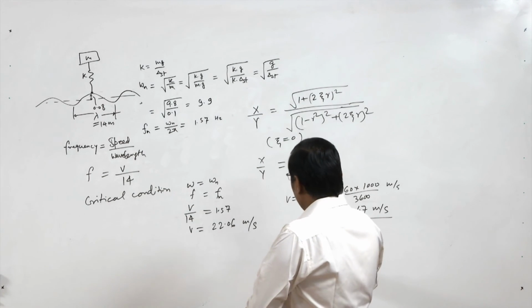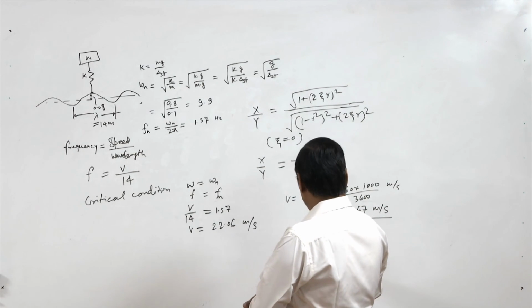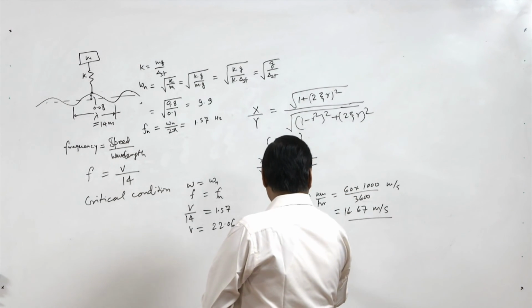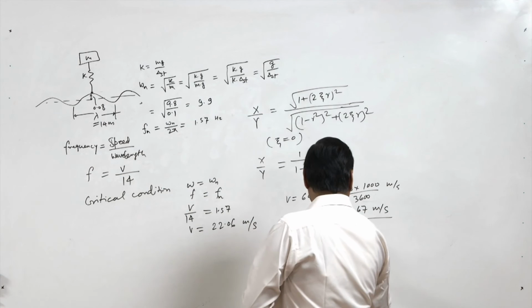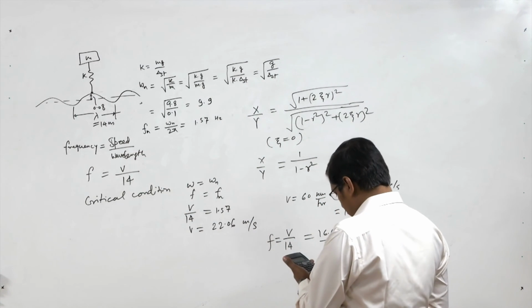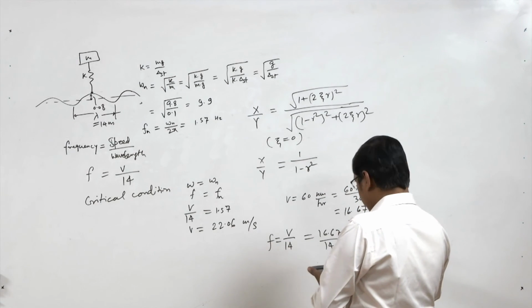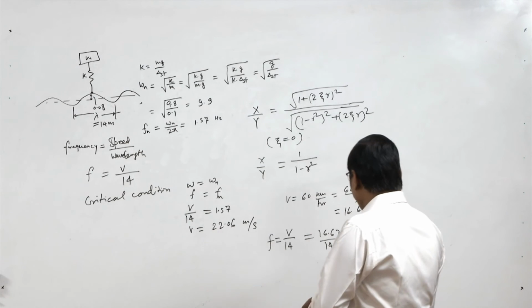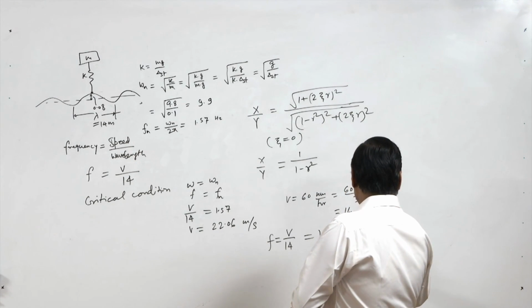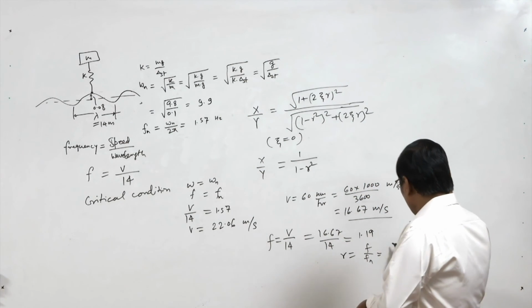So at this speed, f equals v by 14, so 16.67 by 14. We have 1.19, and we can get r equal to f upon fn or omega by omega n.